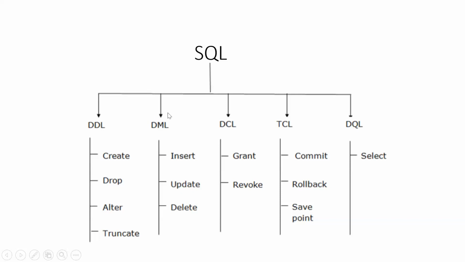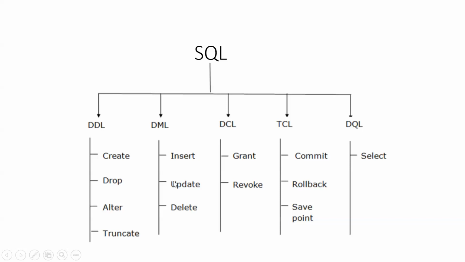What is DML? DML is called Data Manipulation Language. When our table is ready, meaning the table structure is there, we need to think about insertion of rows or records inside the table. That can be handled by DML, Data Manipulation Language. Insert means insertion of records. Update means updating existing records.